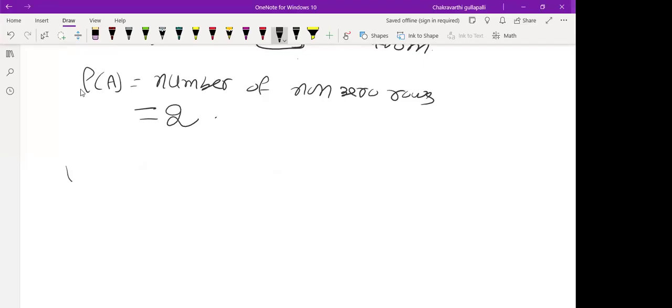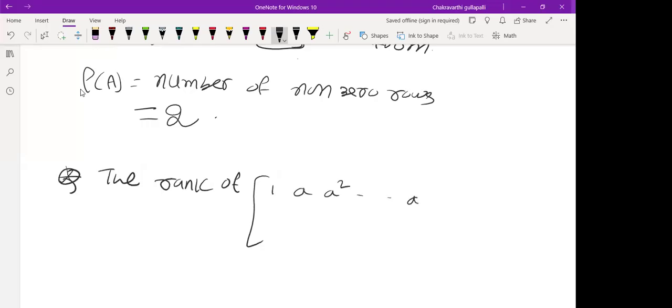I'll give you one more. Find the rank of the matrix. The matrix with rows: 1, a, a square, a power n minus 1; 1, a, a square, a power n minus 1; and so on, up to 1, a, a square, a power n.